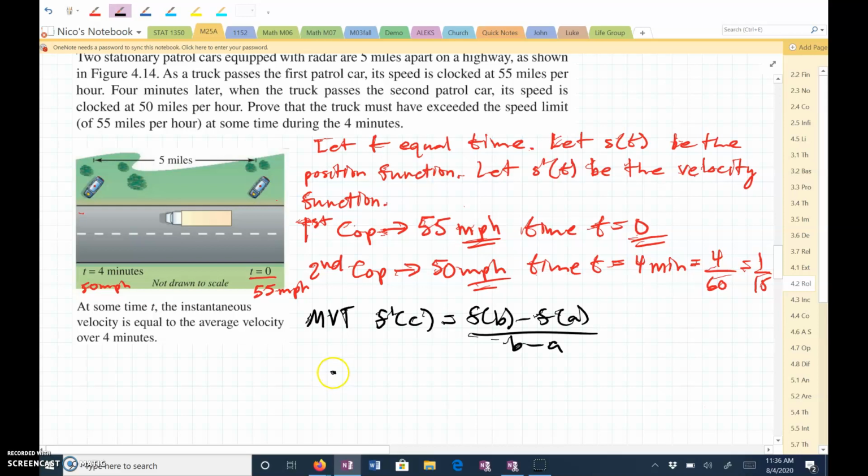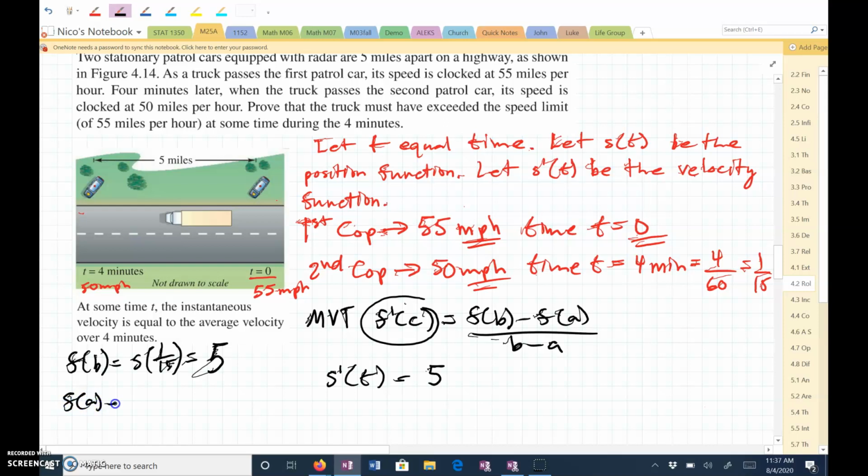Well, s prime of t, that's going to be the f prime of c. F of b is going to be s of 1/15, which would be 5 miles. That's going to be 5.